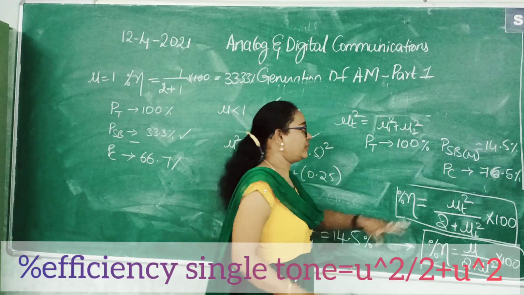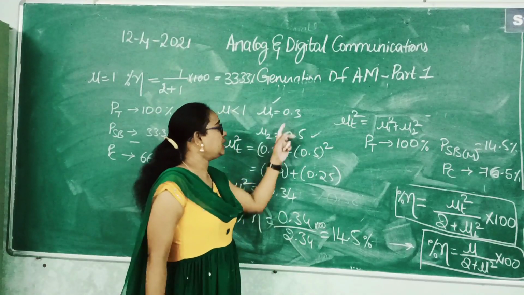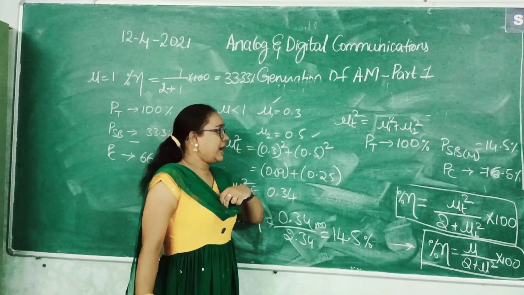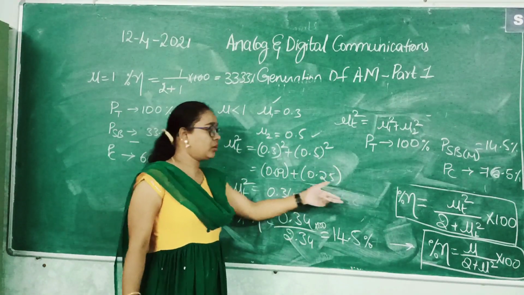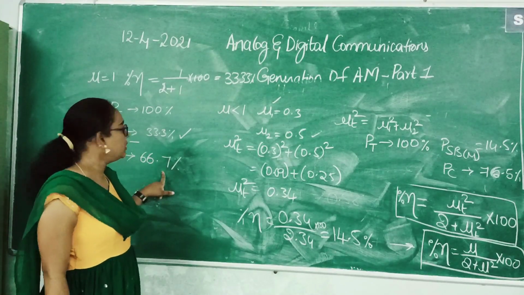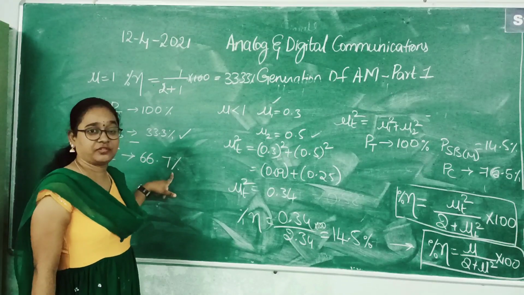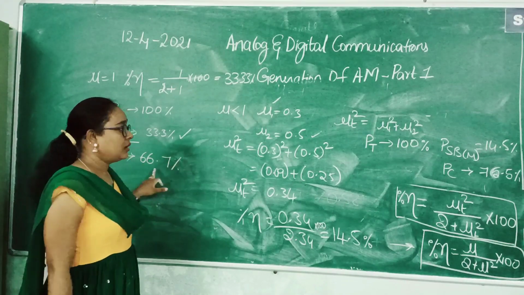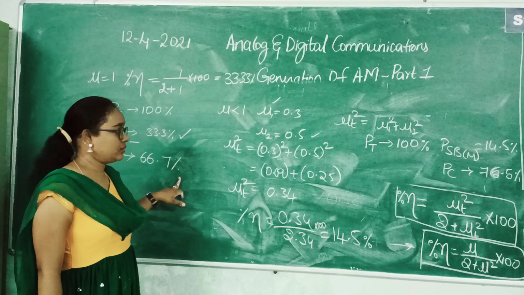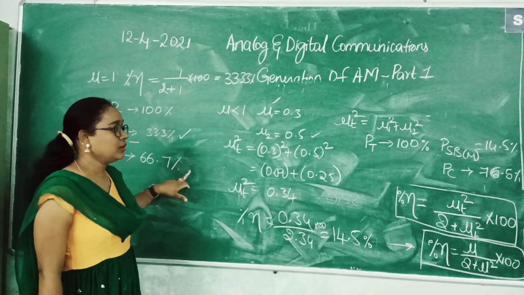So this much carrier power is retained in multitone for the given values of mu 1 and mu 2. In any case, whether multitone or single tone, most of the power is retained in the carrier. The carrier is not having any information, so maintaining that much power is not required. So this is the wastage of power in amplitude modulation.